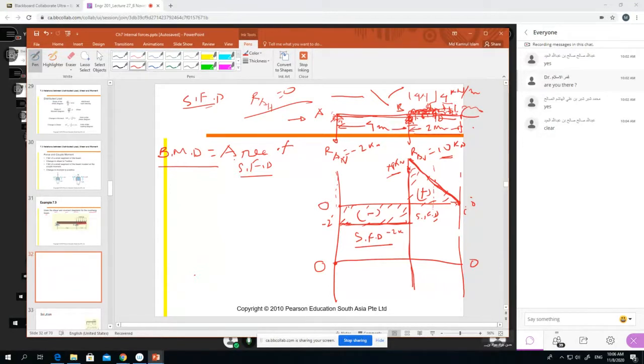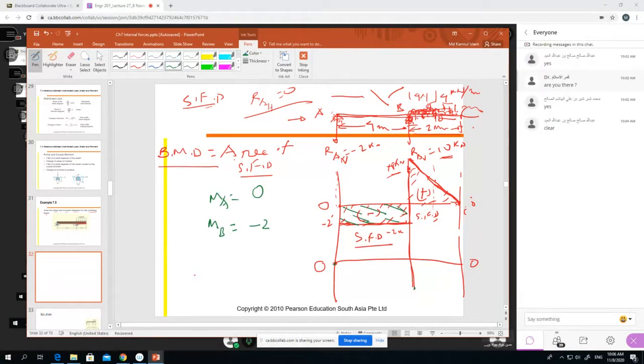As I told you, just the area. What area? This complete area. So what is the area we have? We have here minus 2. Bending moment at point B here, bending moment at A at this point is 0, right?